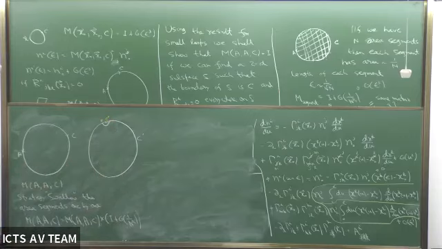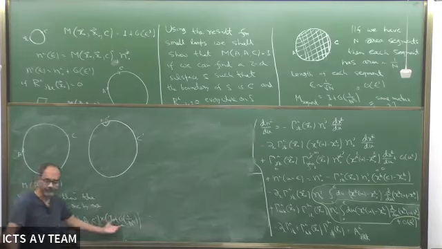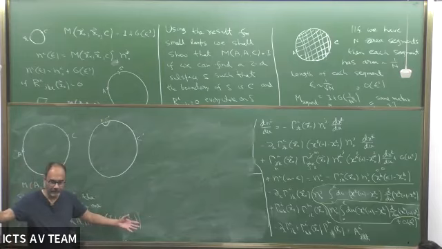This is what needs to be proven. What I was trying to say is if we can prove this, then we are done, because one by one we will remove those areas and pick up terms like this, and at the end we will be left with n terms like this.